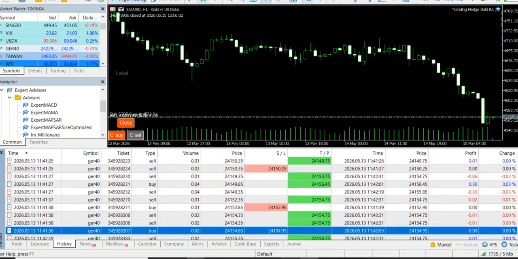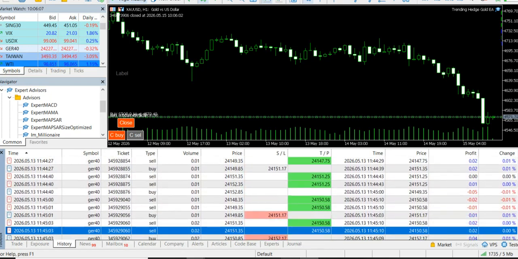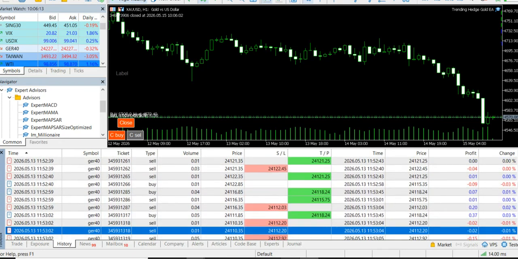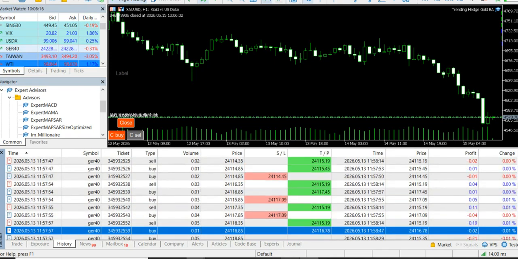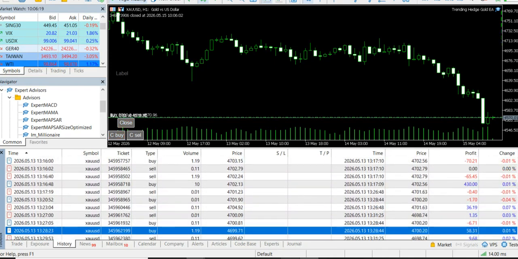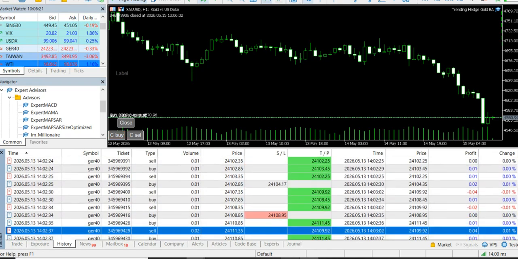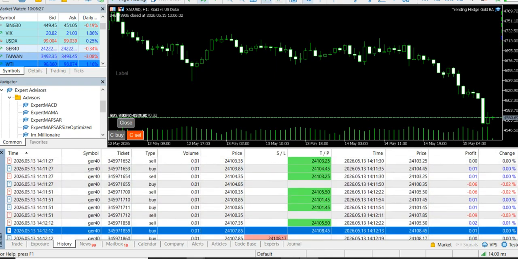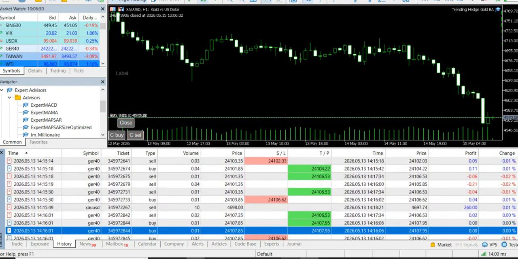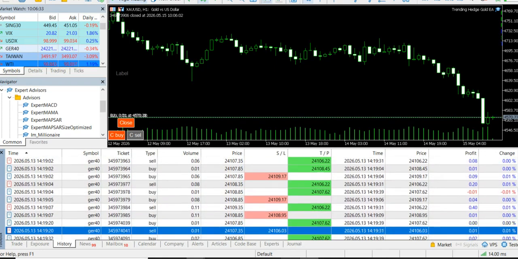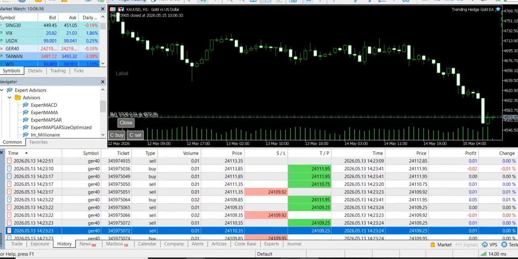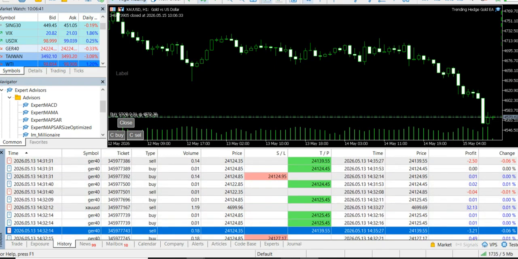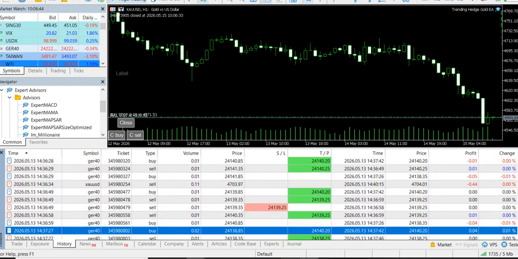Just after 2 days of starting this particular account, on the evening of 13th of May, when the US market started, we deployed the other setting of Trending Hedge Gold on this account, when the account was already down from 100k to 96 or 97k, 96,500 I guess, so 3,500 down. Later in the evening we removed the other expert advisors and let that particular expert advisor run.